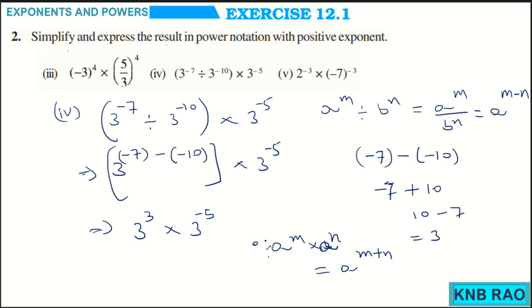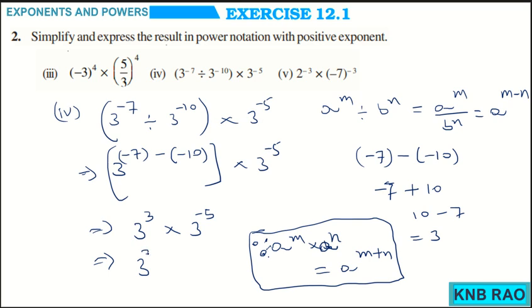Using this identity, or law of exponent, the first law of exponent, it becomes 3 power 3 added to minus 5. So 3 power 3 added to minus 5 gives you 3 power minus 2, but we are asked to write with positive exponent. So 3 power minus 2 can be written as 1 upon 3 square. So this is the answer.